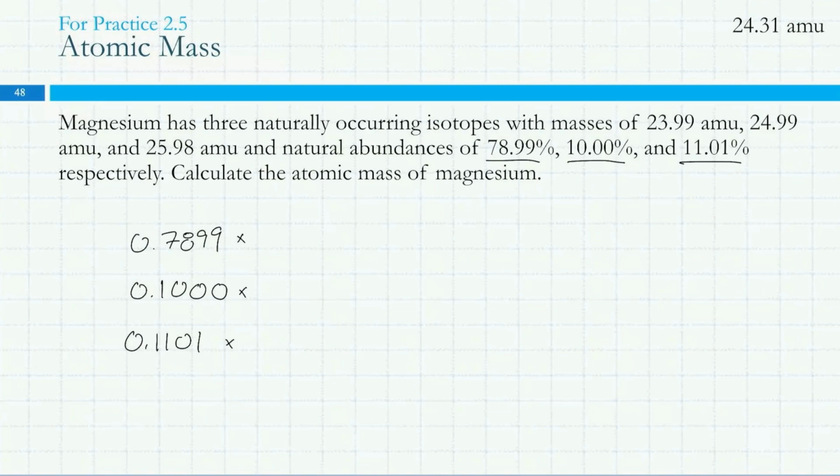And then I just multiply each of those proportions times the corresponding mass: 23.99, 24.99, 25.98. This one's 18.94971.